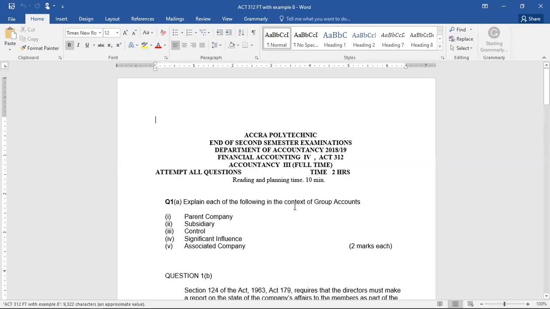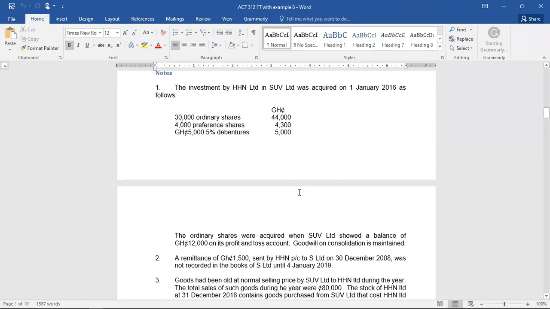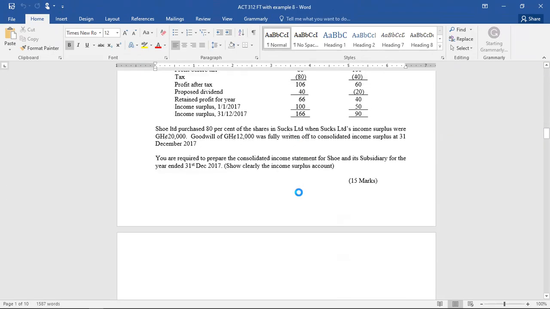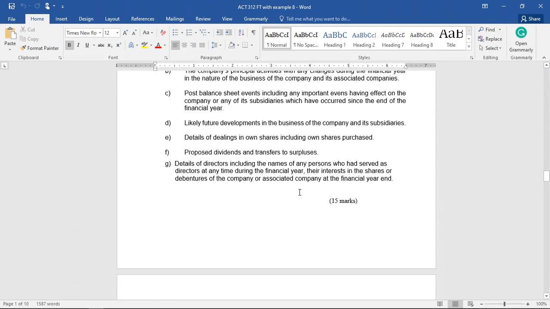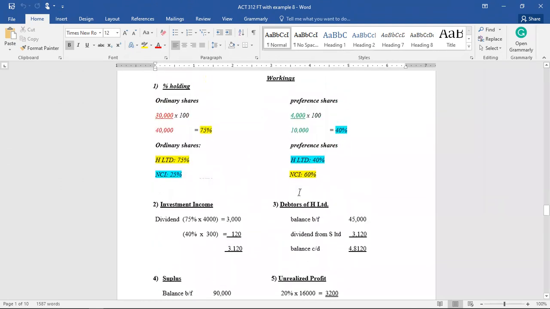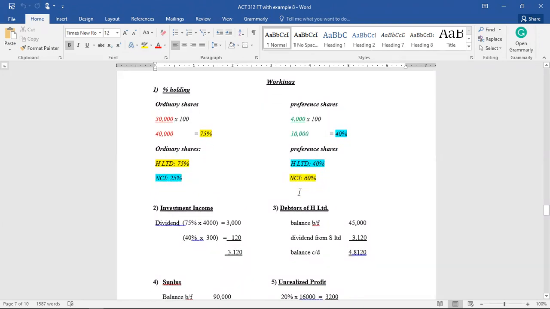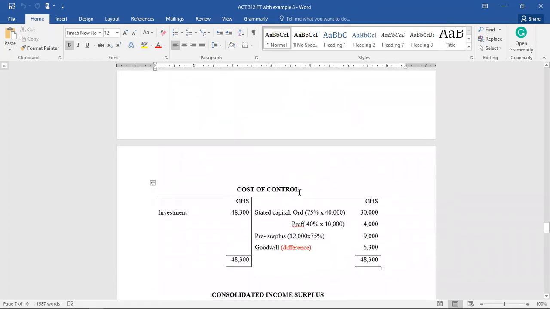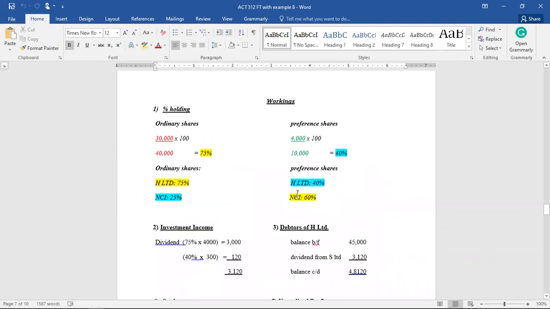If your answer is correct, example 8. So this is example 8.